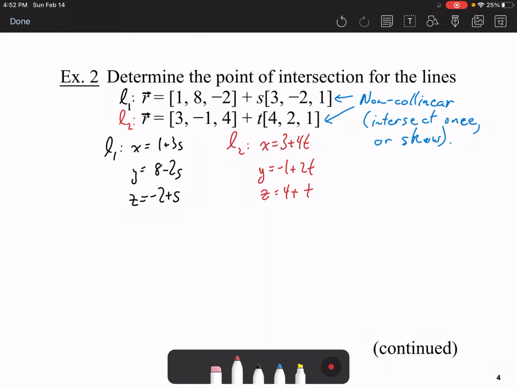Now, in either case, again, you must see when these lines actually intersect. So values of x, y, and z that would be the same for both of them. So if the x values are the same, just set them equal to each other, and maybe rearrange the equation.